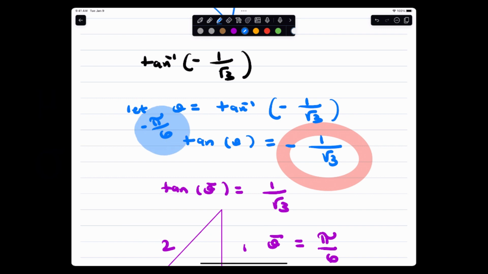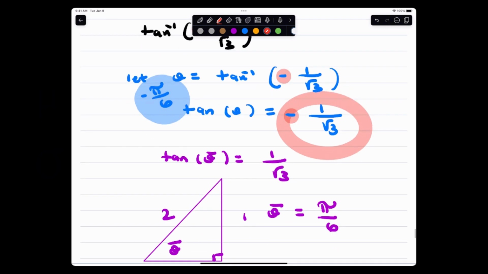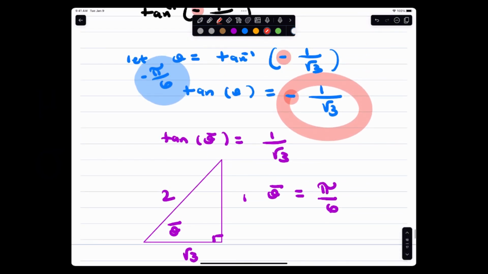And there it is. Isn't that exactly what we did with inverse sine? The answer is yes. It's exactly the same as inverse sine.